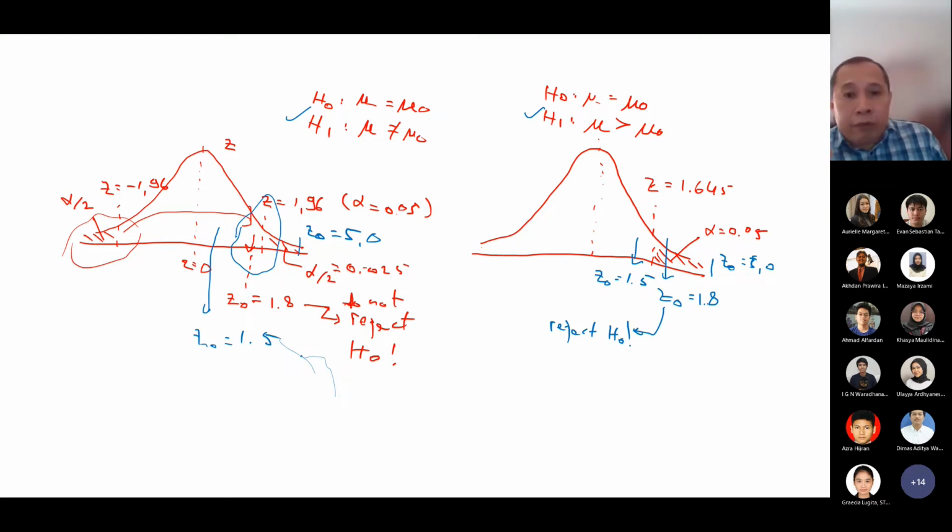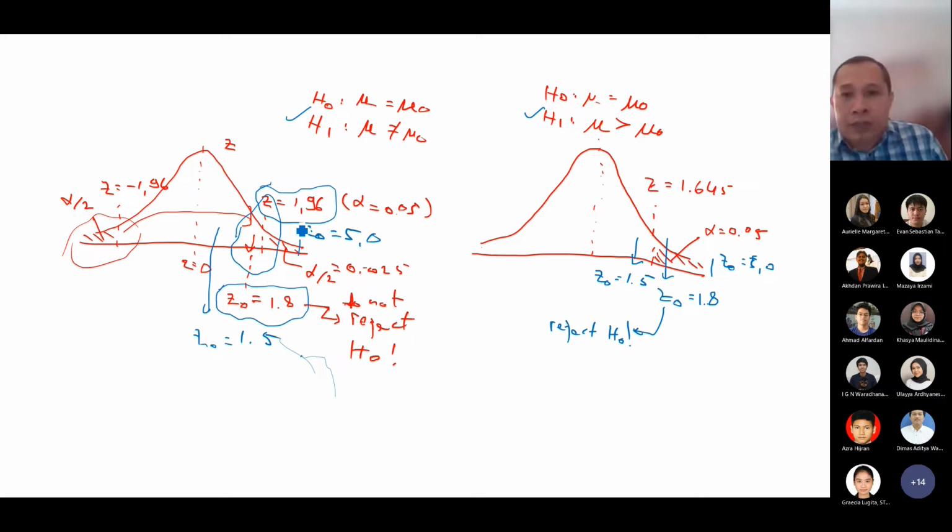So the ambiguity of a hypothesis test occurs whenever your test statistics sits too closely to the critical value. This is what happened in the original case: Z0 1.8 is quite close to the critical Z of 1.69, sorry.